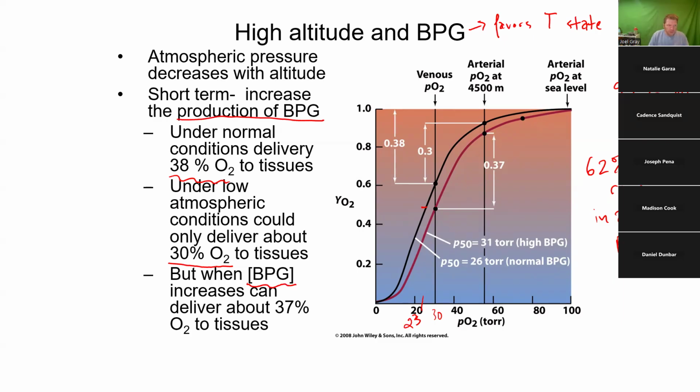So there's less oxygen there, and hemoglobin binds less oxygen, but it drops off more. So BPG in some circumstances is arguably a good thing because it allows hemoglobin proteins to drop off more oxygen at high altitudes.